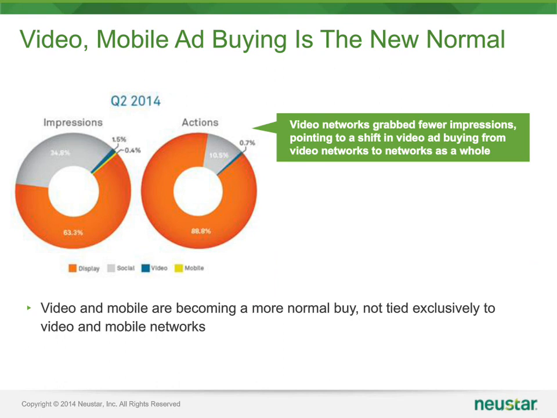Advertisers are spending less money on pure play video and mobile networks and more toward networks and partners that offer a multi-channel approach. So when you look at this chart, video and mobile are really appearing in the display section as part of a shift into this idea that video and mobile are just part of your everyday business, not necessarily a need to go into pure play mobile and video network providers.